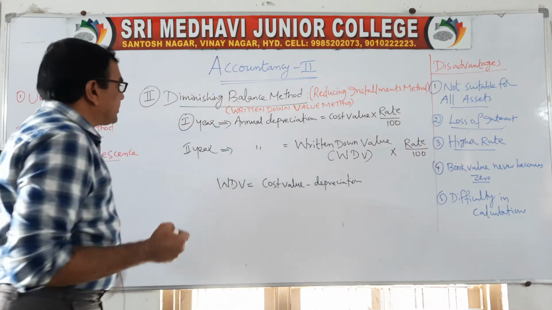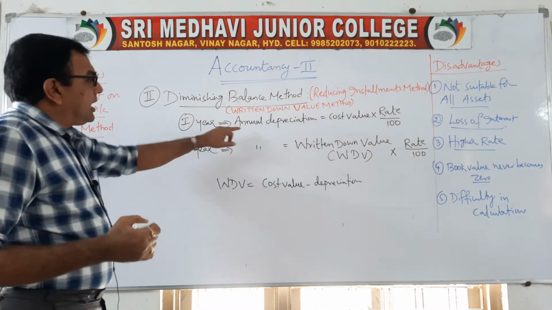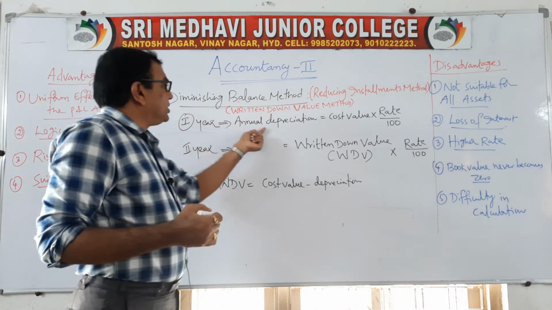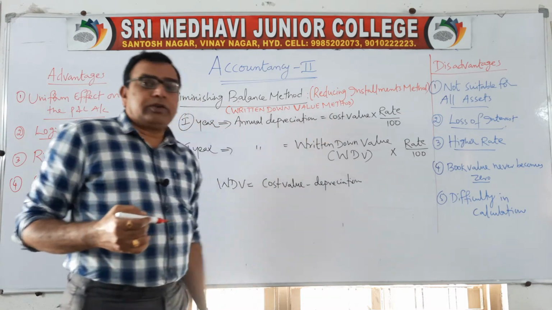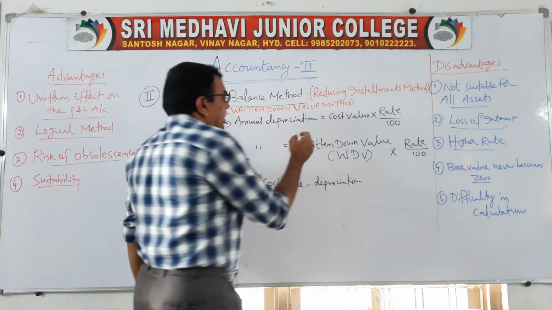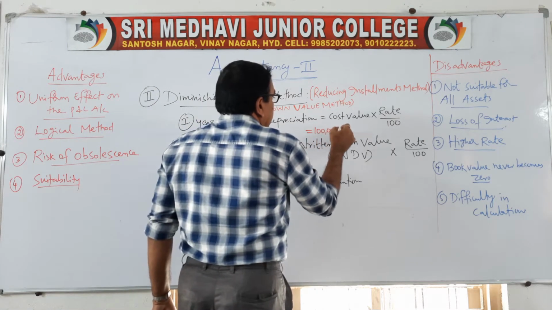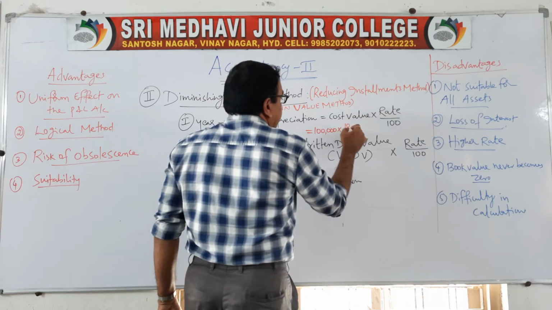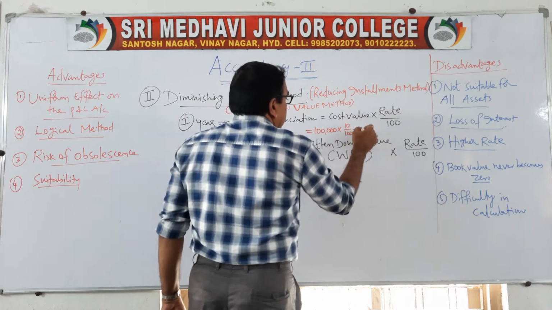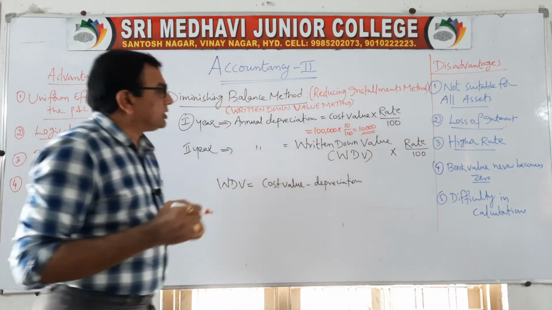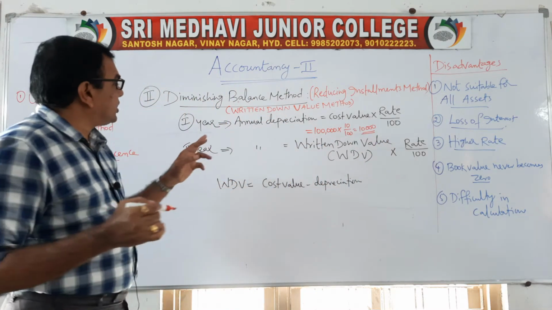How? Try to understand. In the first year, annual depreciation is calculated based on the formula cost value into rate by 100. For example, say cost value of the asset is 1 lakh into rate 10%. So 10 by 100 comes to 10,000. This is the amount of depreciation in the very first year.